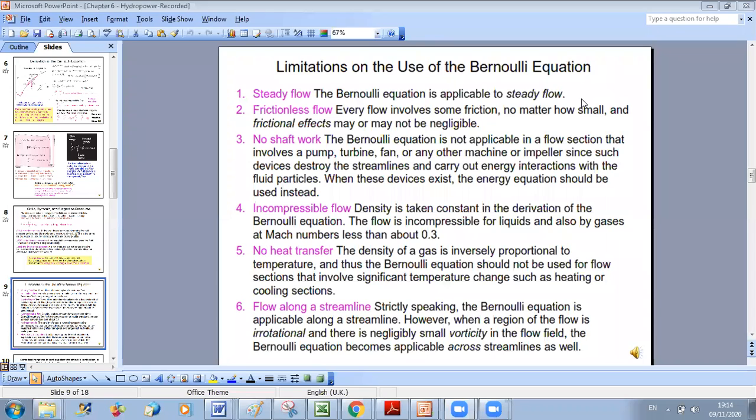So strictly speaking, the Bernoulli equation is applicable along a streamline. Okay. However, when a region of the flow is irrotational and there is a negligible small vorticity in the flow field, the Bernoulli equation becomes applicable also across the streamline as well. So as I told you, nearly I should be in a laminar zone, but not with high viscous effect.